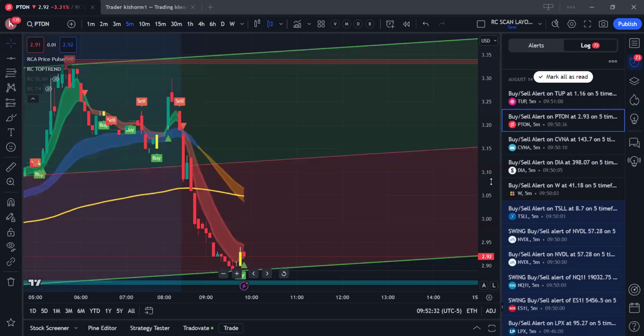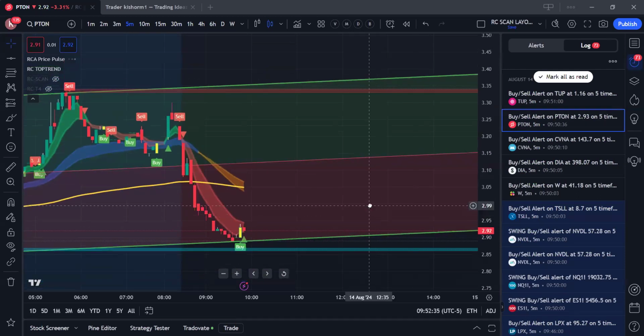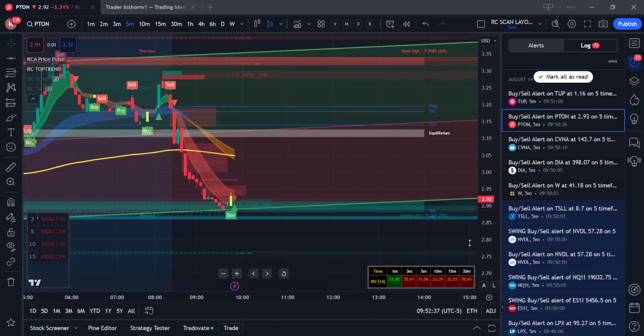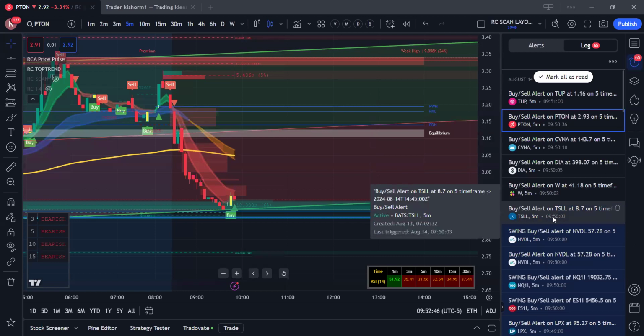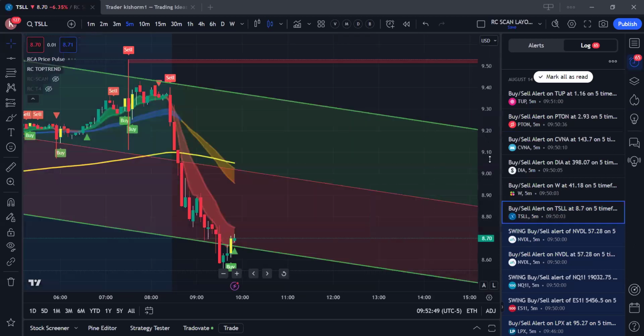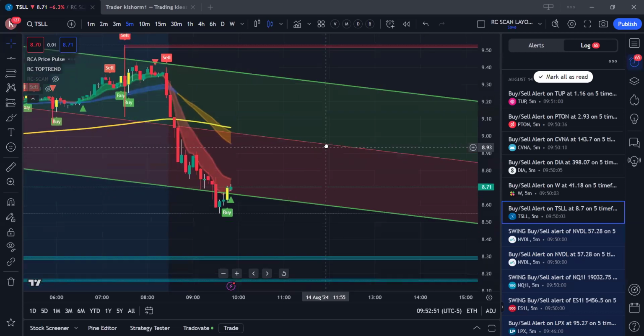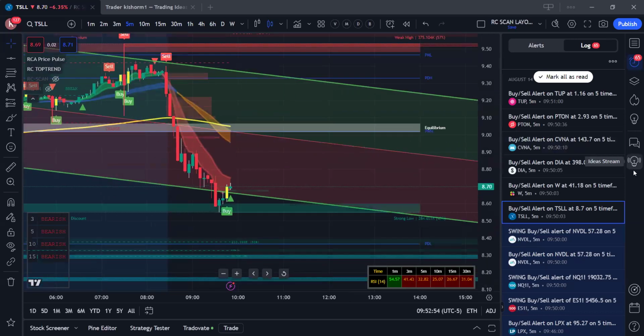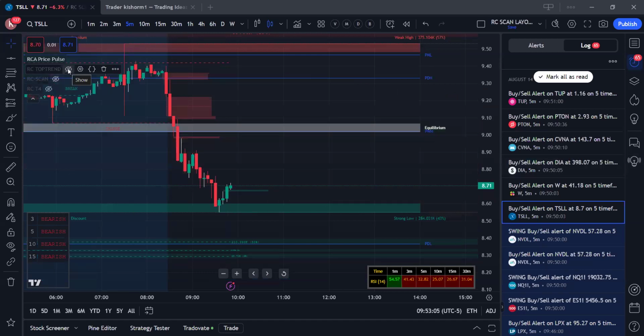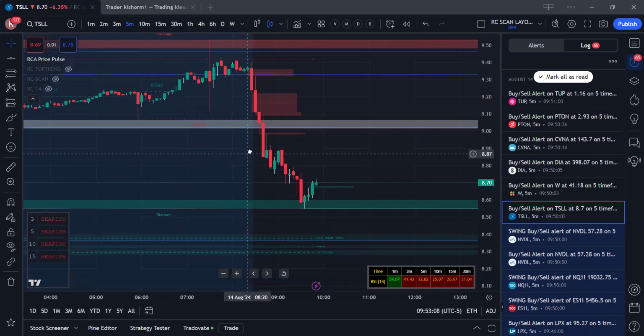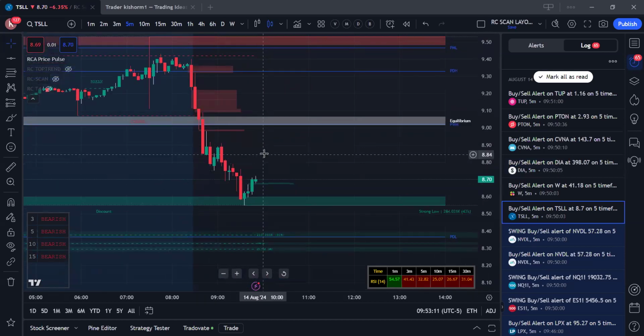Then Python, you have a big buy order block, but still all these things are red. Tesla came all the way to the bottom and it's trying to bounce.